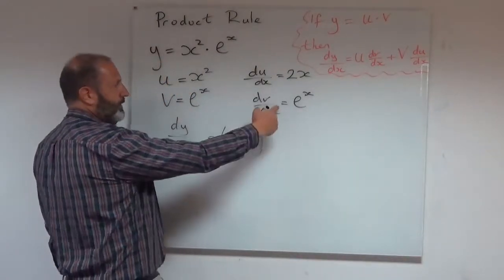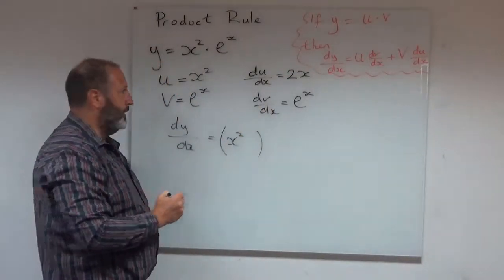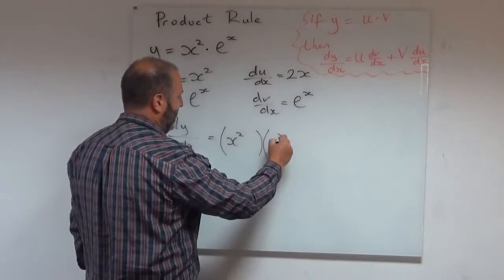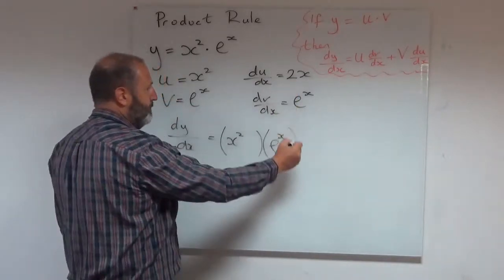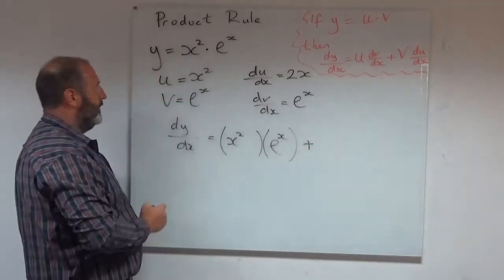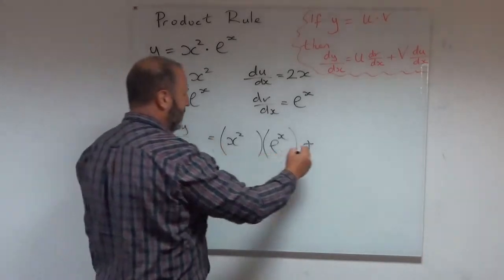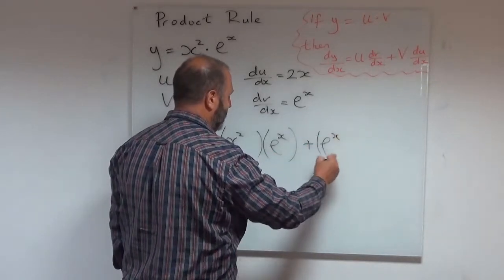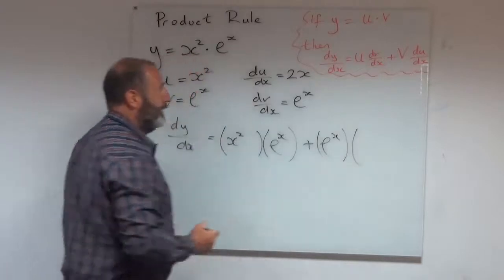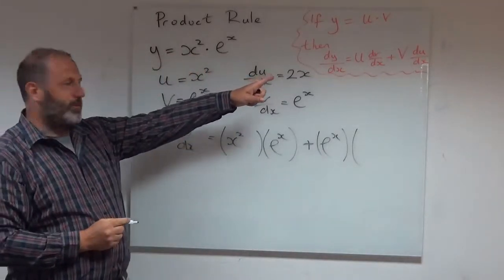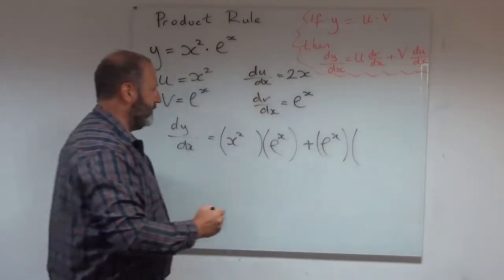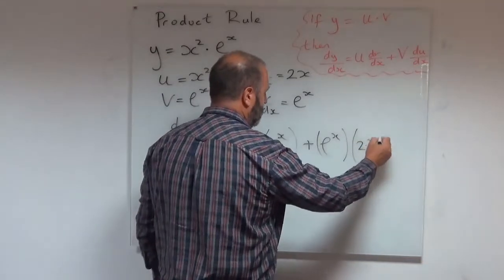But if I've labelled well, that should be waiting there for me. So that's e to the x. And then plus v. And again, if I've labelled well, that's e to the x multiplied by the last term in the red there, du/dx, which is 2x.